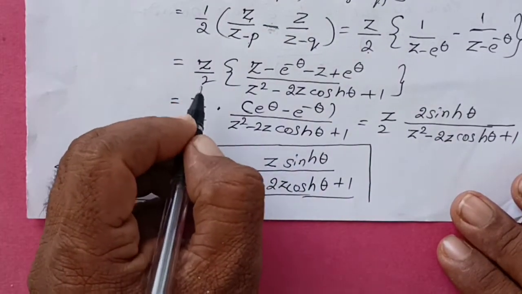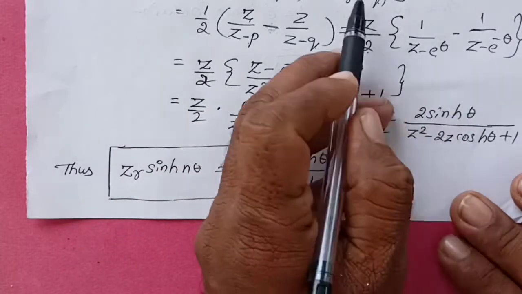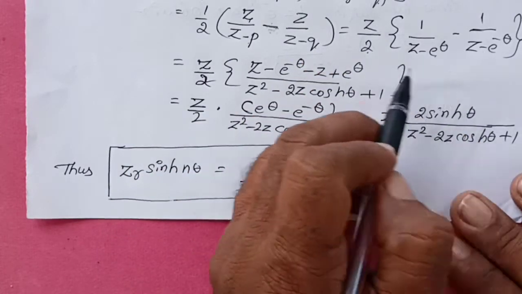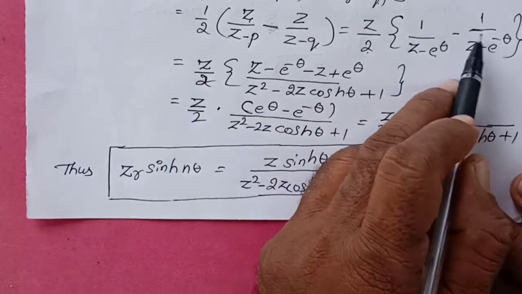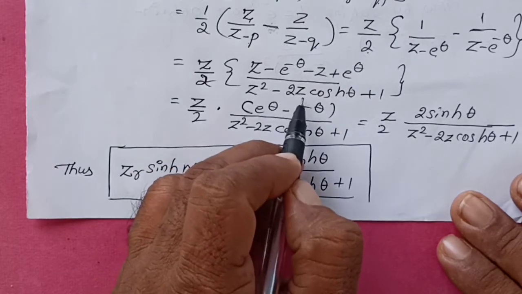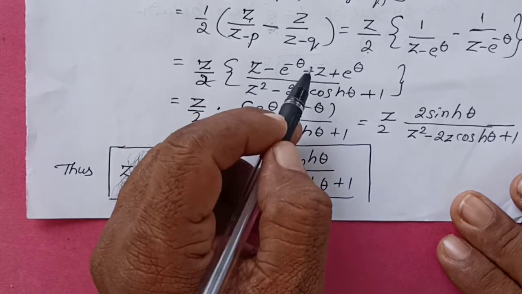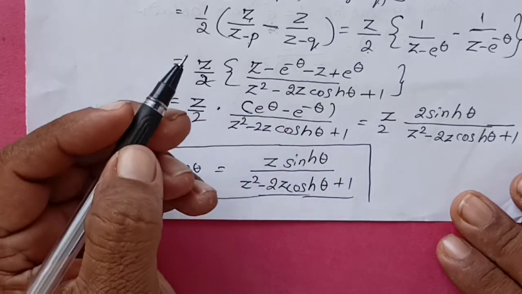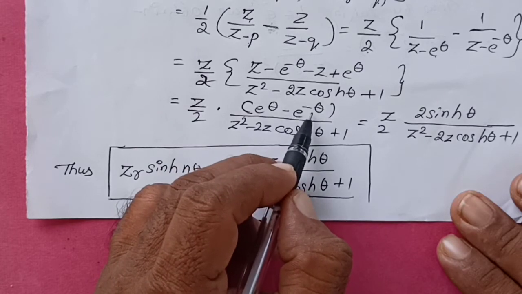So it becomes z by 2; here cross multiply, the LCM is z minus e raised to theta into z minus e raised to minus theta, which becomes z square minus 2z cos hyperbolic theta plus 1, and here z and z get cancelled, so it remains e raised to theta minus e raised to minus theta.